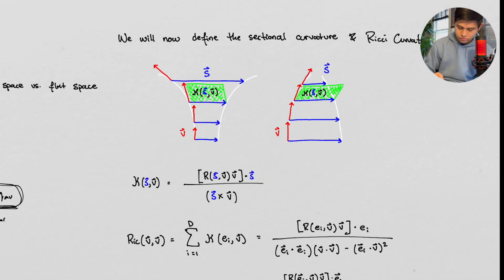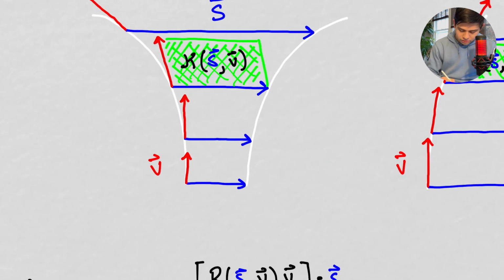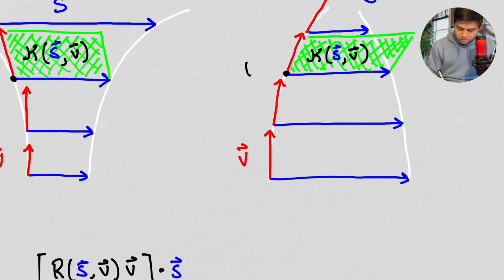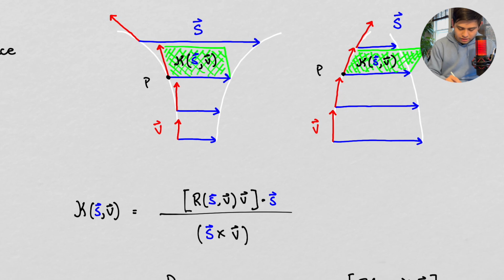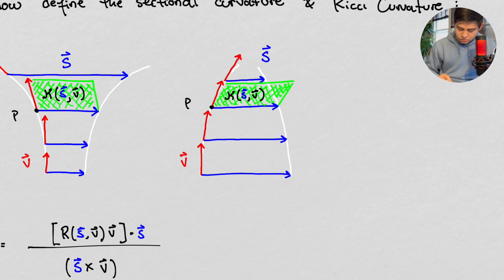So this is what I mean. We now define the sectional curvature, and this is going to help us define the Ricci curvature. So at some point P, here's our point P. If we're dealing in the case of diverging geodesics, then we can draw the parallelogram that the separation vector has with V. Similarly, we can do that in the converging case also.